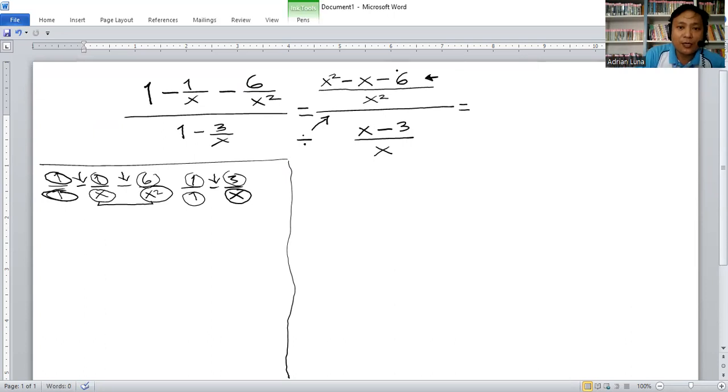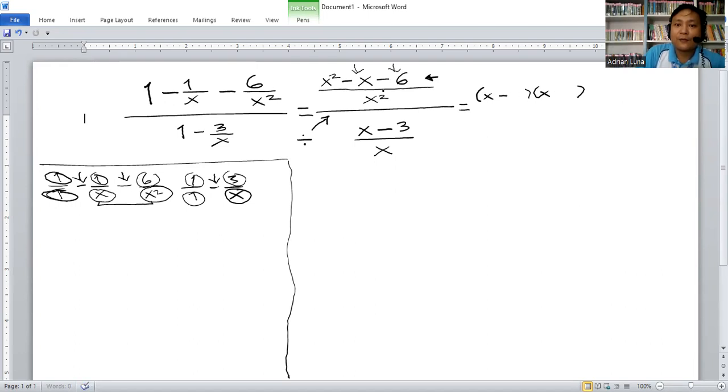So we are going to think of factors of negative 6 that, when we add those factors, should be equivalent to negative 1. All right, so let's write those factors: x, x. So negative, of course there is a negative.